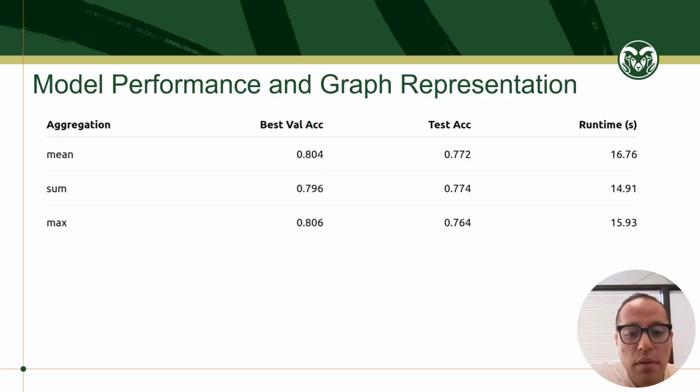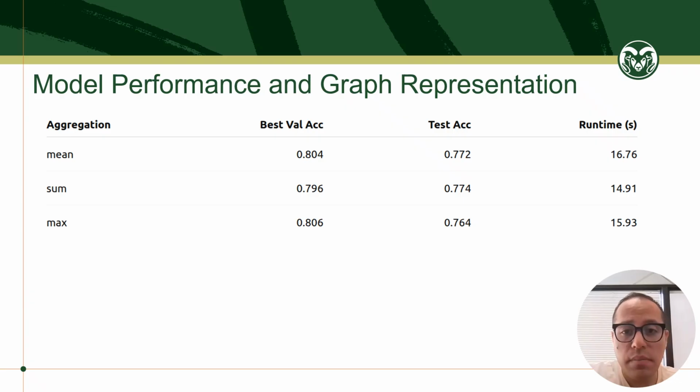Model performance and graph representation. This slide shows the result of the control ablation using GraphSage. The main observation is that changing only the aggregation function led to measurable differences in performance. Some aggregations reduced the best test accuracy, while max produced the highest validation accuracy.